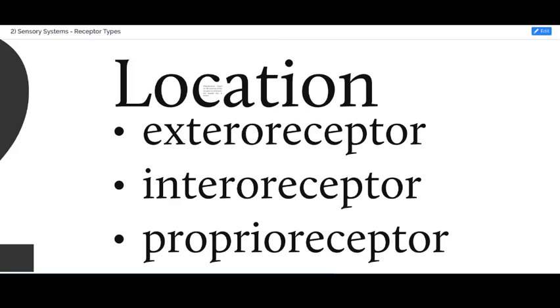However, proprioceptors are a special class that fall in between these two. Proprioception, the sense of your body's position and movement in space, is based on interoreceptor type stimuli, stretch of receptors or compression of joint capsules, Golgi tendon organs, stretch in the skin, those sorts of things.